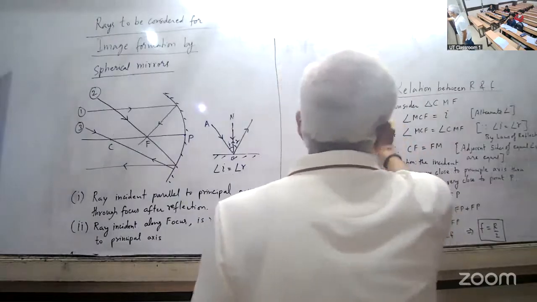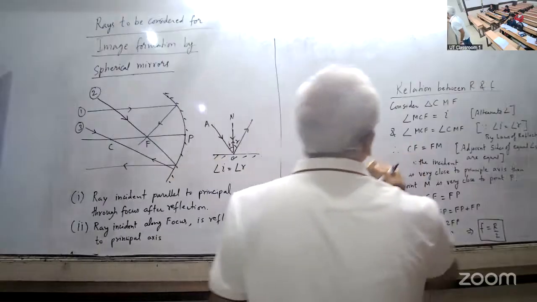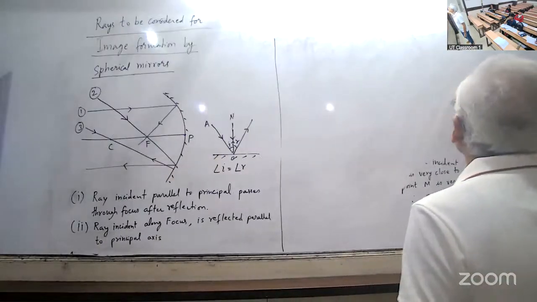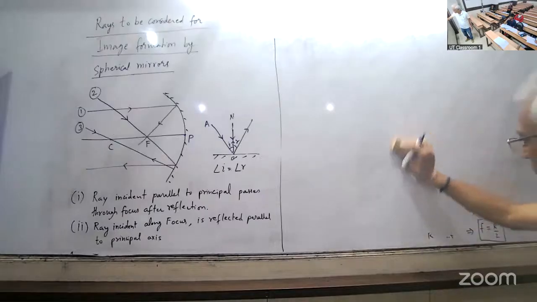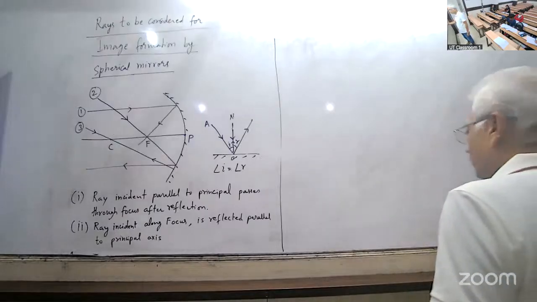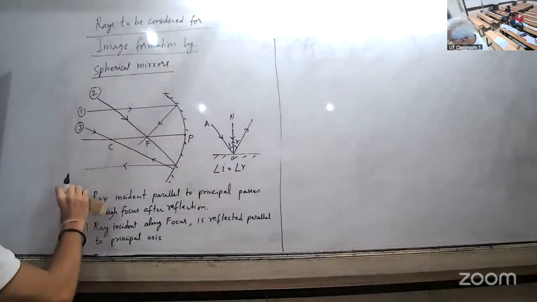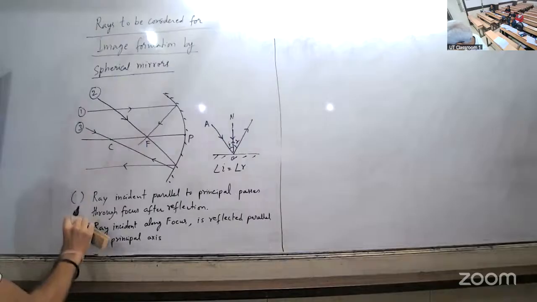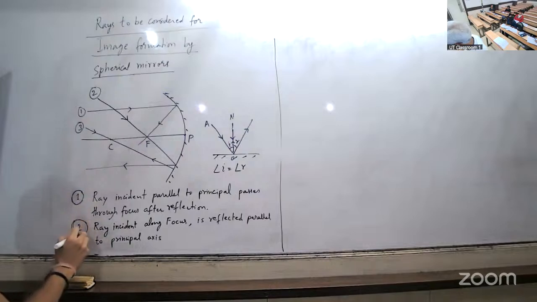यही सब तुम्हें पता होना चाहिए तब तुम रे डायग्राम बना पाओगे। ये जो 1, 2, 3 में रेज़ लिखता जा रहा हूँ। थर्ड कौन सा टाइप का रे है हमारा?